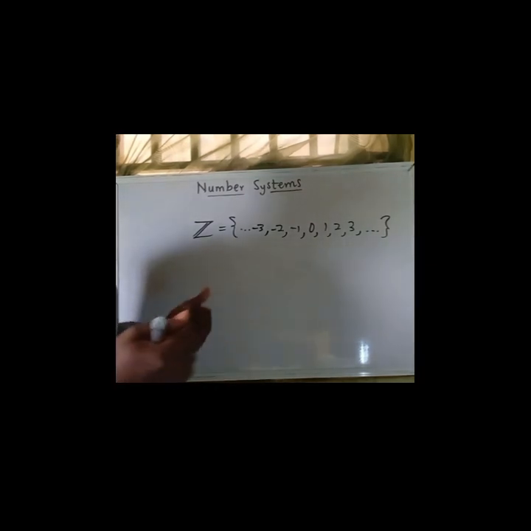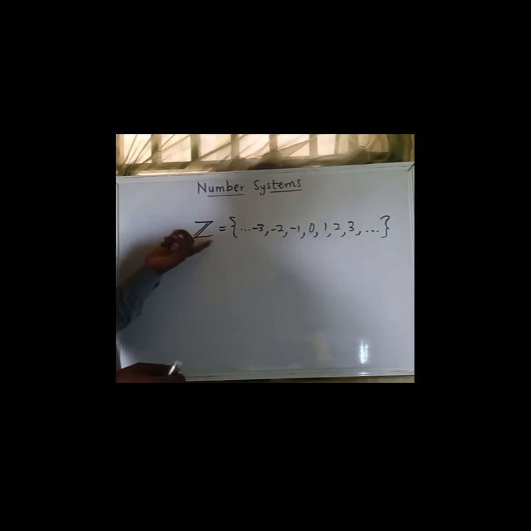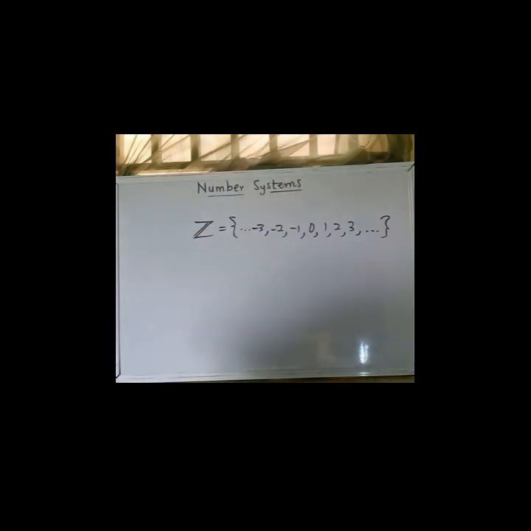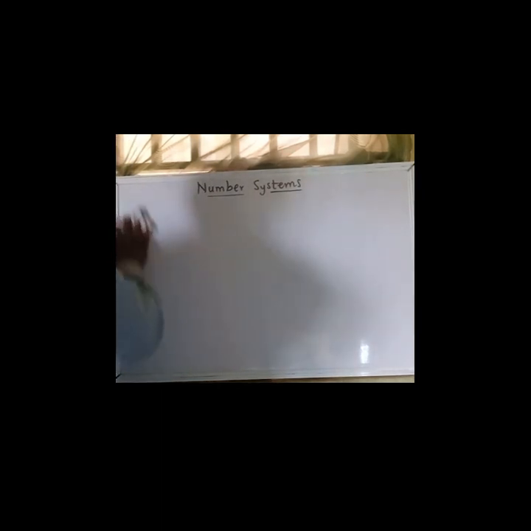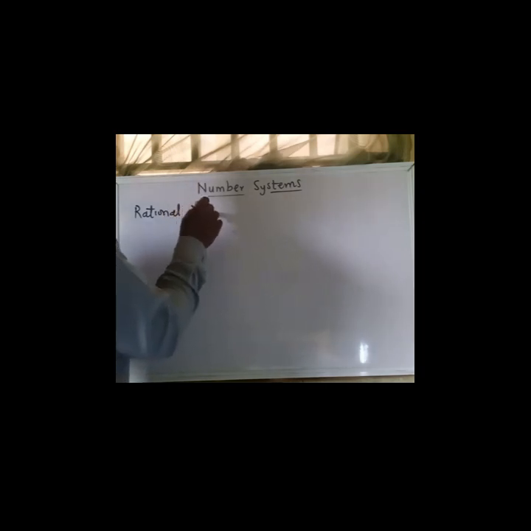We actually want to discuss another kind of number which contains these numbers, and this number, as we said earlier, is called the rational numbers. These rational numbers have the symbol Q, represented in glyph form.